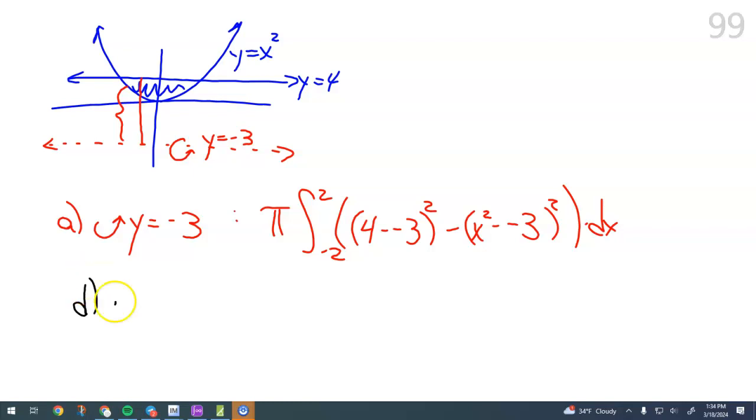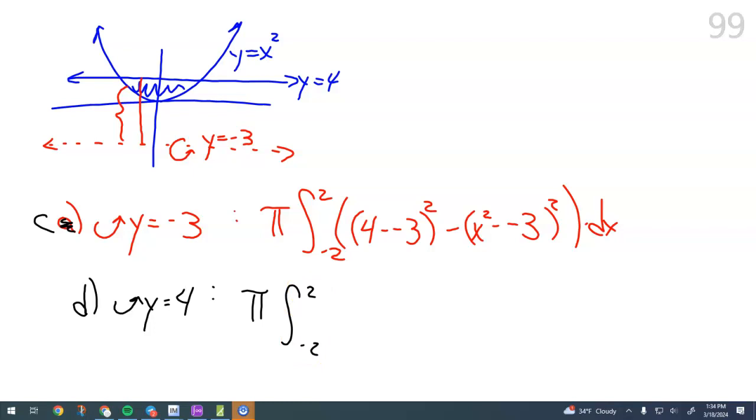So part D, I'm going to revolve around y equals 4. Did I go A, B, A, B? So this should be C. So now, around y equals 4, so this is actually the disk method, and I'll show you why it doesn't matter.